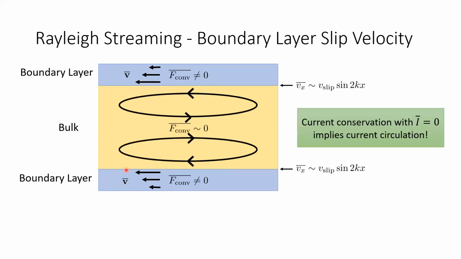Now this sets up the boundary condition for the bulk, and since we have current conservation and the fact that net DC current is 0, any current that exists in the bulk must circulate, right? And this is precisely what gives rise to these circulating current cells that I had discussed previously.